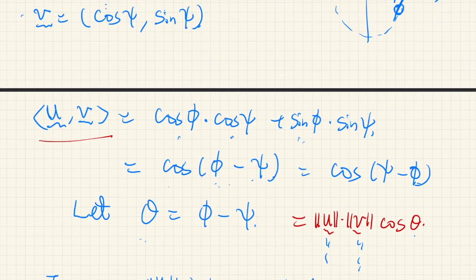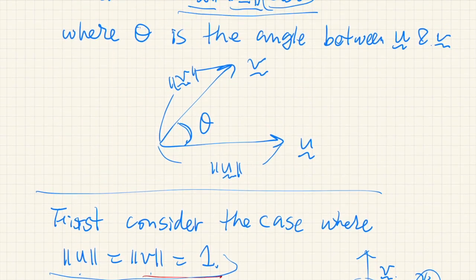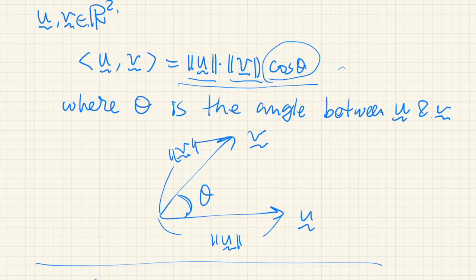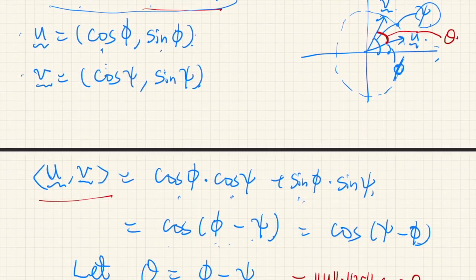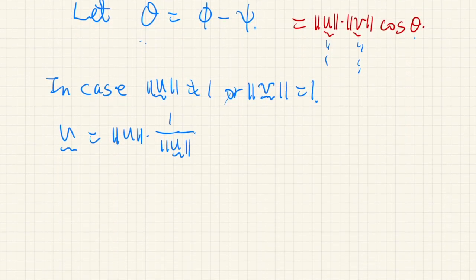And of course, we are assuming they are not the zero vector, in which case the angle cannot be defined. So the norm is non-zero. We just multiplied by the norm and divided by the norm, so they cancel to give the same result as this one. And define this as u hat.